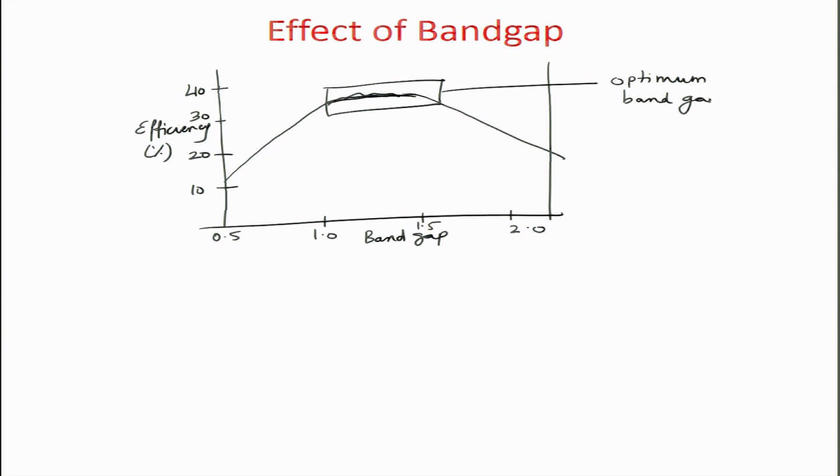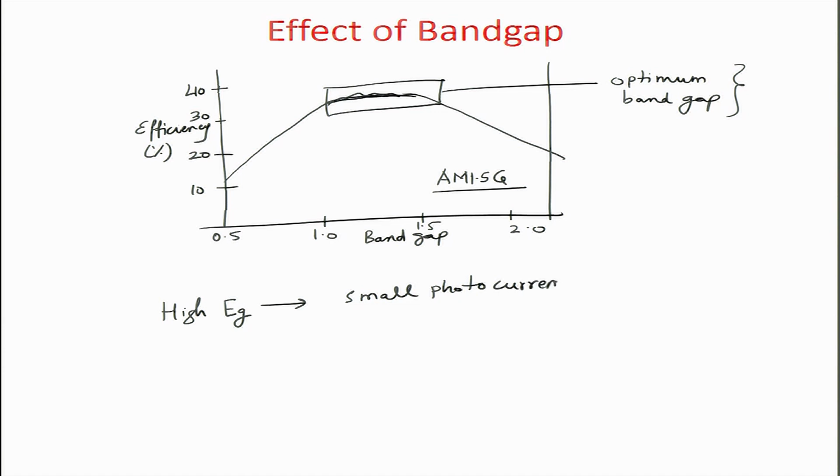Of course, there is a whole thermodynamic analysis behind it that you can do to find out the exact band gap, and this is AM 1.5 G, that is 1 sun. Okay. So, basically we see the conundrum, higher energy gap on one hand gives you small photocurrent because you are going to absorb fewer photons, right.